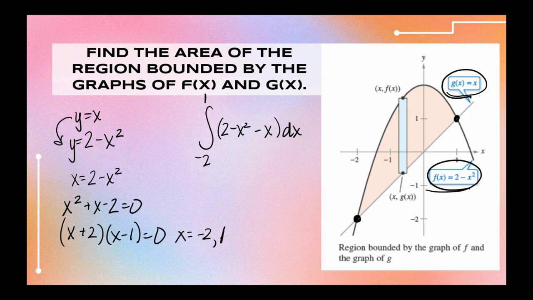And then we're taking top minus bottom again. The top is the parabola, and the bottom is the x. So now we're just going to integrate, and we're going to evaluate from -2 to 1.